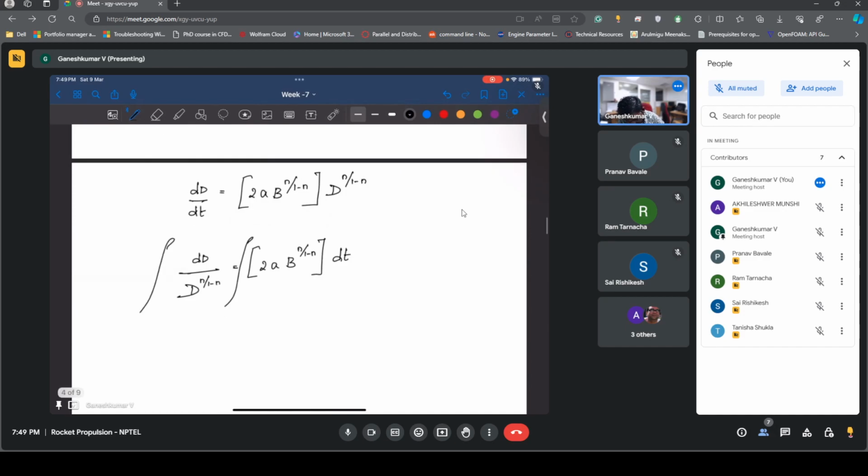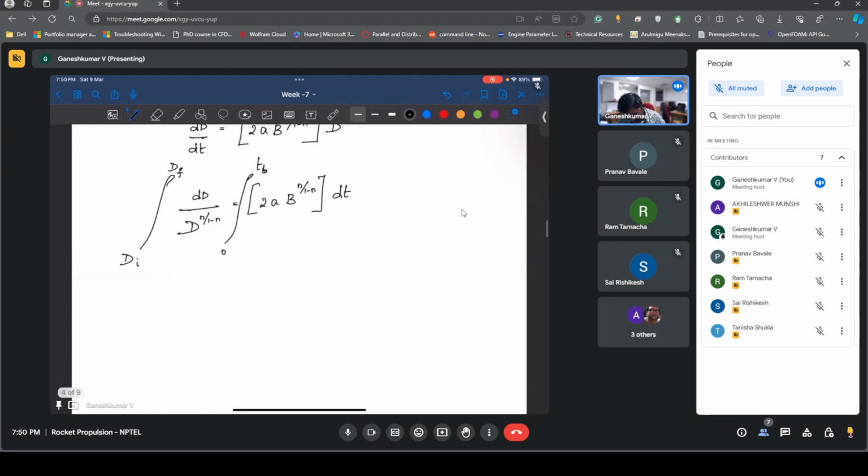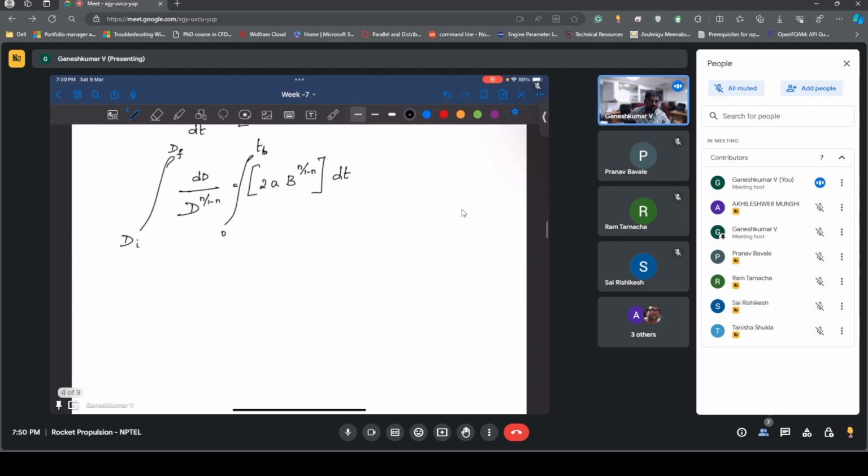This you can integrate. So this can be integrated from the initial diameter to the final diameter, and the time can be 0 to the total burning time, tb. Now from here it should be straightforward for you to integrate and get the results.